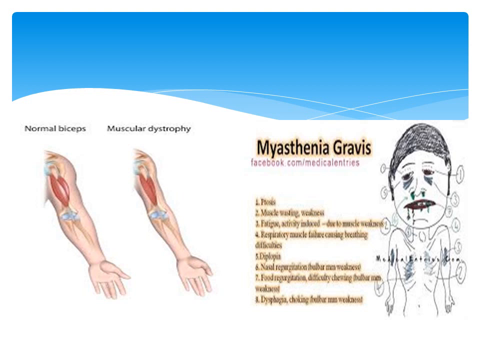This myasthenia gravis can be seen in different muscles of the body, such as the eye muscle and eyelid muscle, causing ptosis, which means the eyelid can't be opened fully. There is also muscle wasting, fatigue induced by physical activity, respiratory muscle failure causing breathing difficulties, diplopia, which is fatigue of the eye muscle, nasal regurgitation, food regurgitation, and dysphagia.